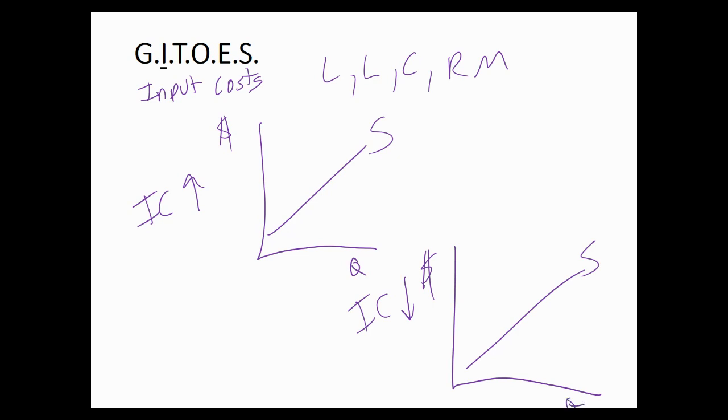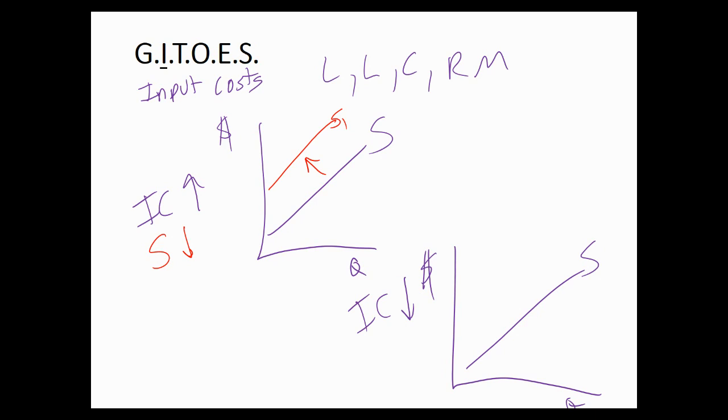So I'll use a different color here. So if input costs increase, we will see that the supply will decrease. So there's an inverse relationship here. So as input costs go up, the supply decreases because they're going to have to spend more money on resources, so they're not going to be able to make as many as before.